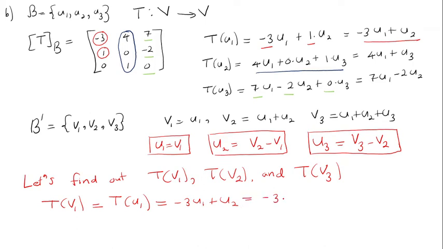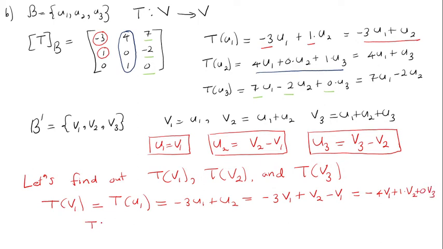So I know that U1 equals V1, so minus 3V1 plus U2. U2 equals V2 minus V1. So I will get minus 4V1 plus 1 into V2 plus 0 into V3.